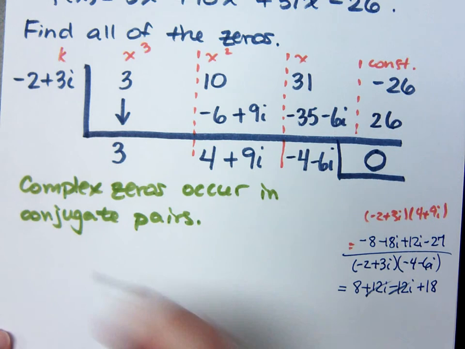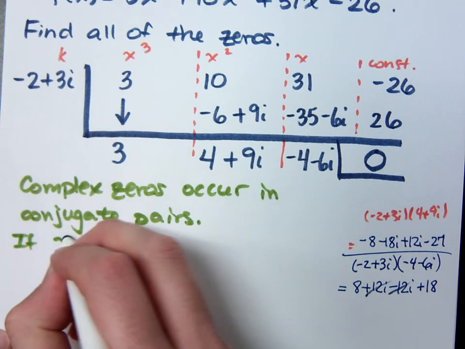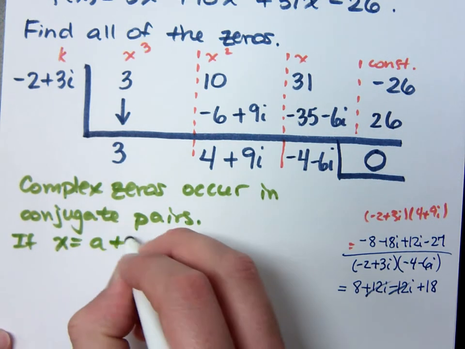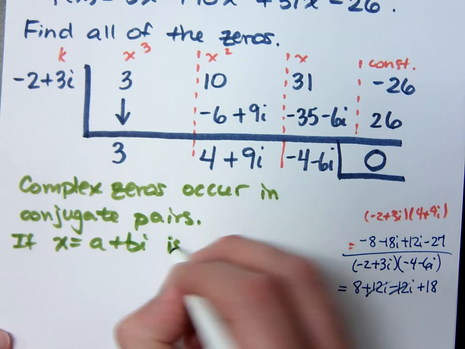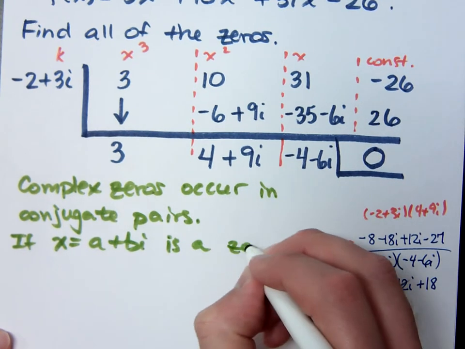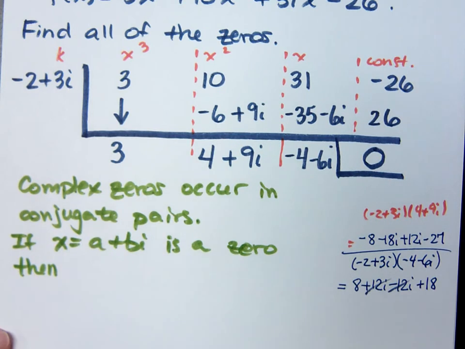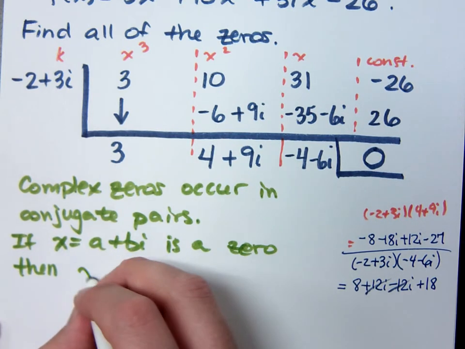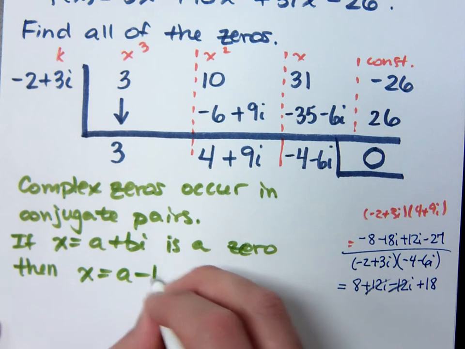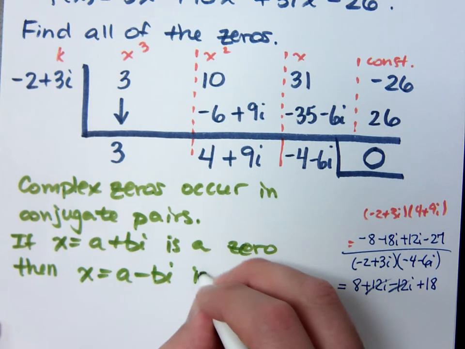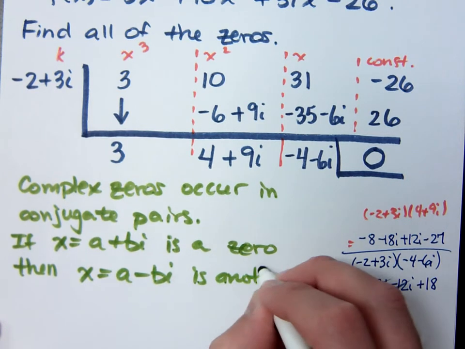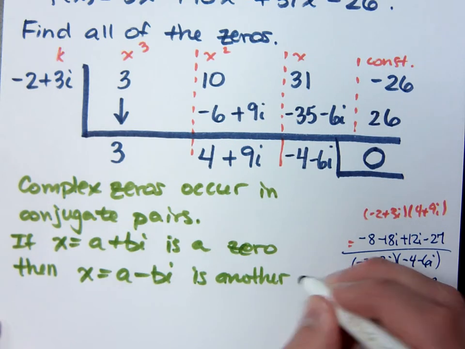That means that if x equals a plus bi is a 0, then x equals a minus bi is another 0.